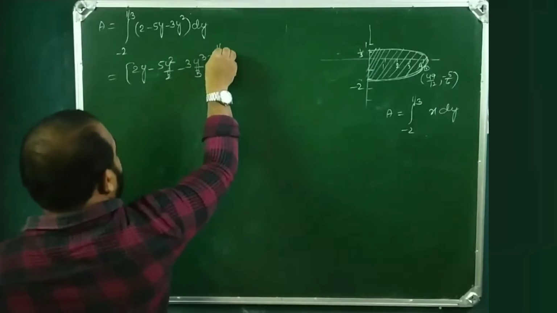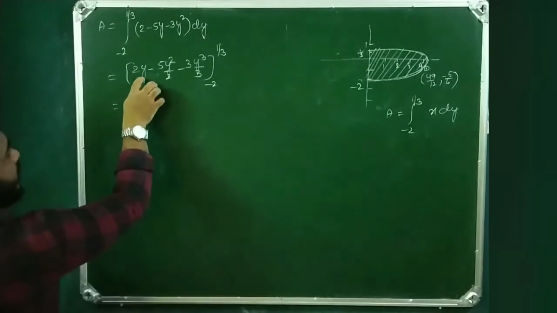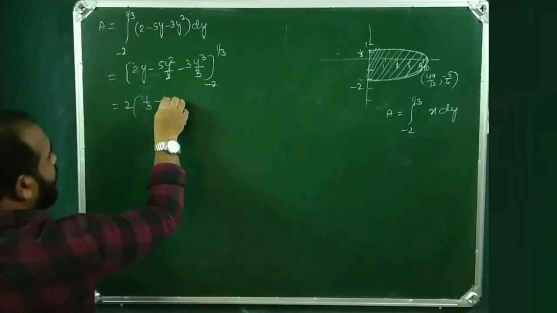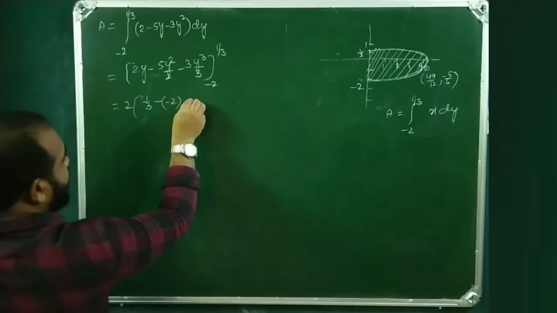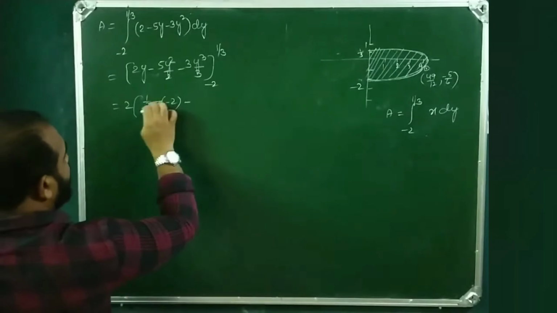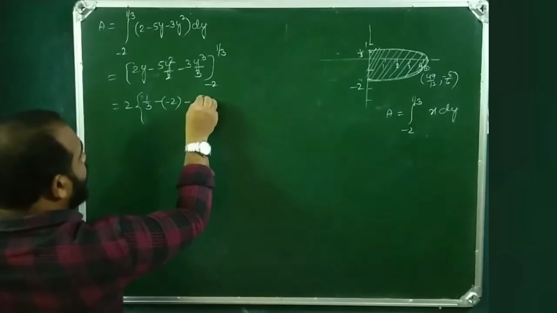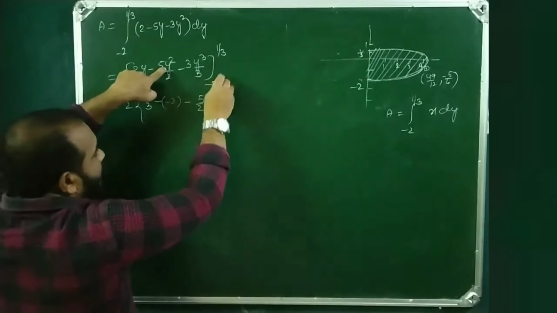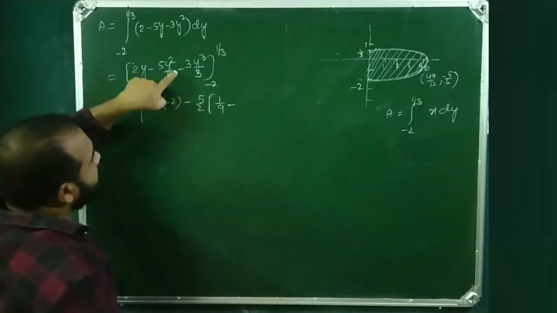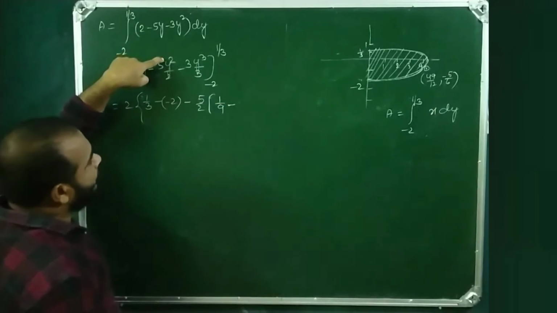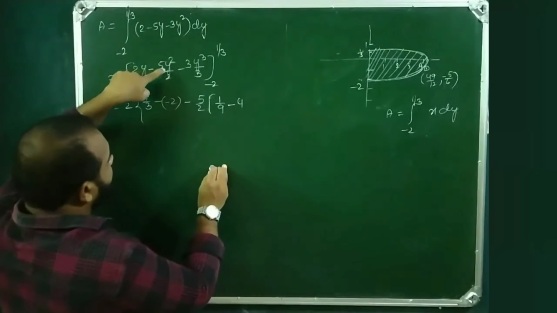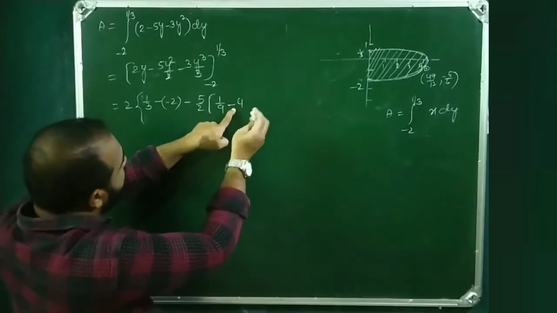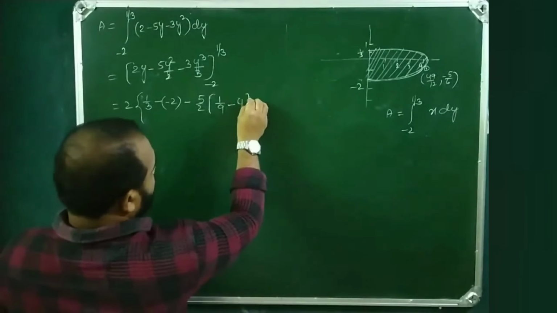Minus 2 to 1 by 3: this equals 2 times, in the place of y, upper limit 1 by 3 minus lower limit minus 2, minus 5 by 2 times, upper limit 1 by 3 whole square, 1 by 9, minus minus 2 whole square, which is 4. Upper limit minus lower limit gives minus 4 totally.